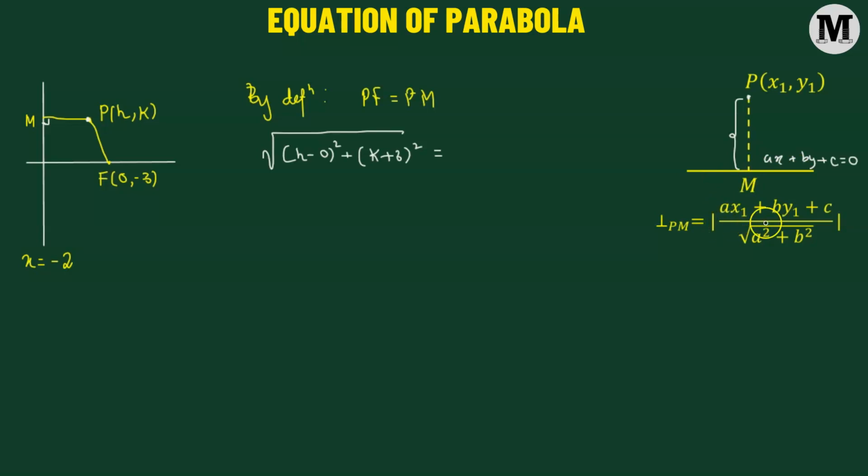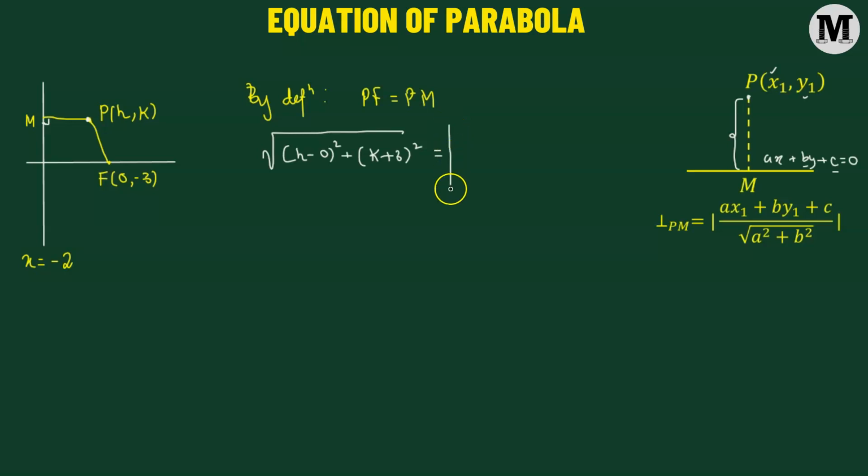Inside the absolute value we'll take a, which is the coefficient of x, and multiply with the x coordinate of point P, add it to b, which is the coefficient of y, multiplied by the y coordinate of point P, plus the constant term of the line, divided by the square root of the sum of the squares of the coefficients of x and y.